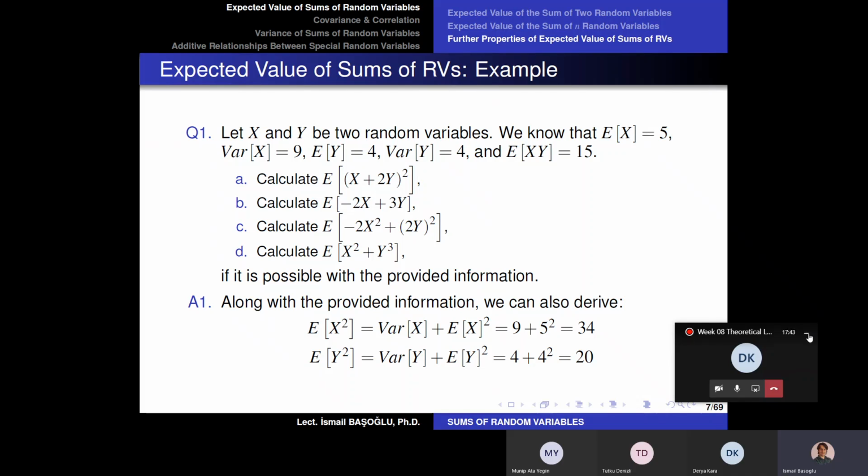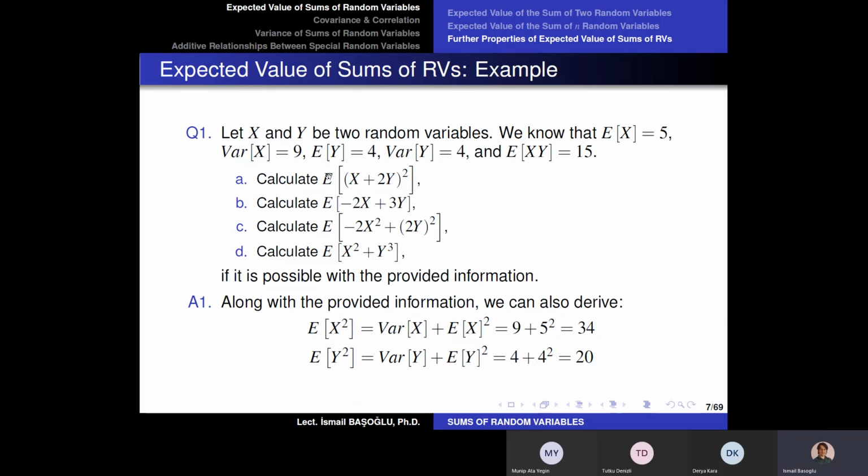Before moving forward, let me tell you that we can also extract some additional information about the expected value of x squared and the expected value of y squared. If you remember, the variance of x is formulated as the expected value of x squared minus the square of the expectation.